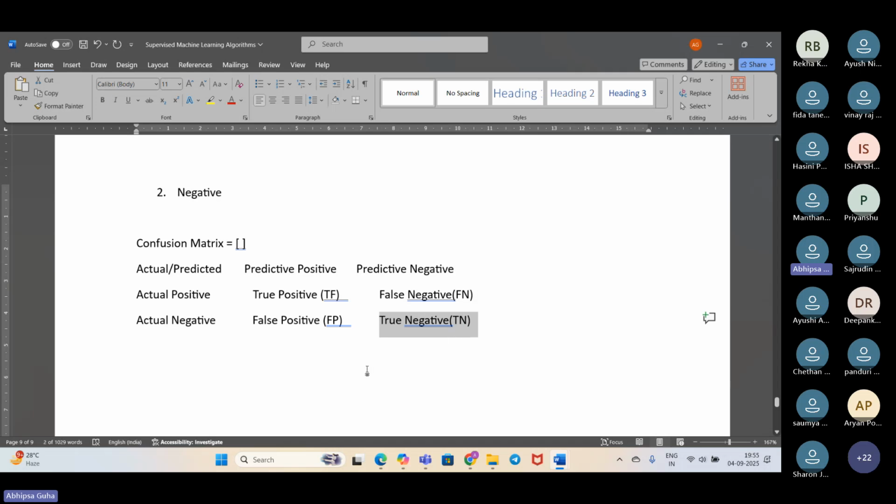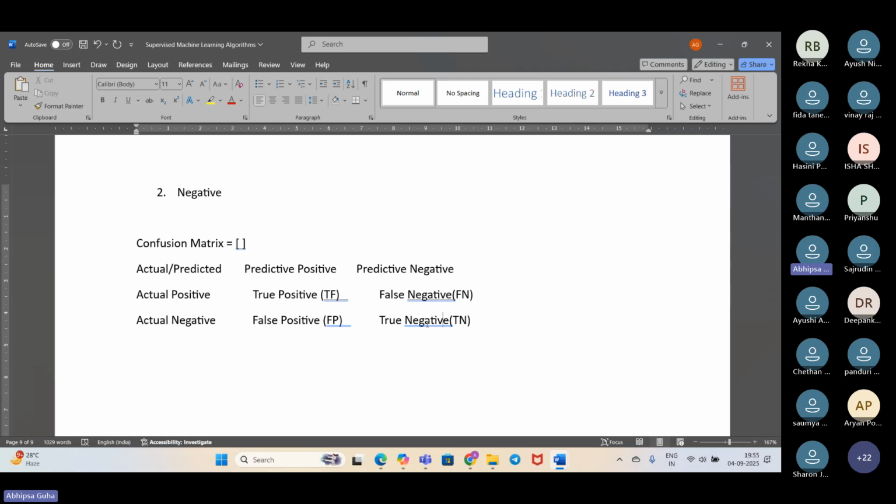And false negative is when the model predicted no diabetes, but actually the patient has diabetes. Understood? This much everyone understood?